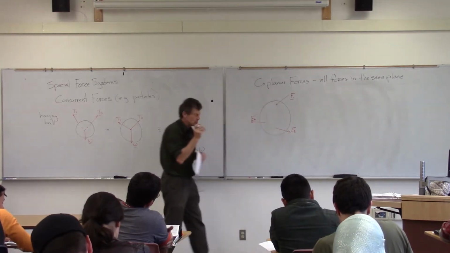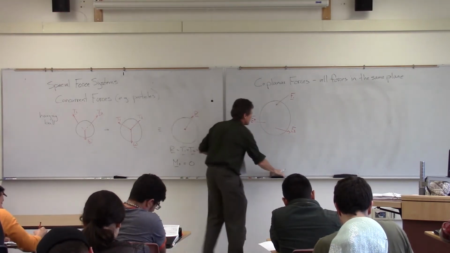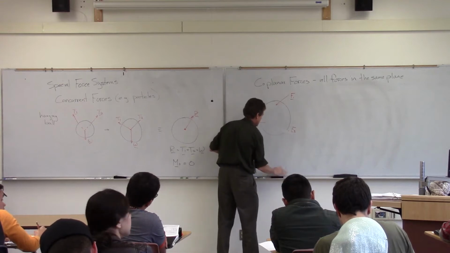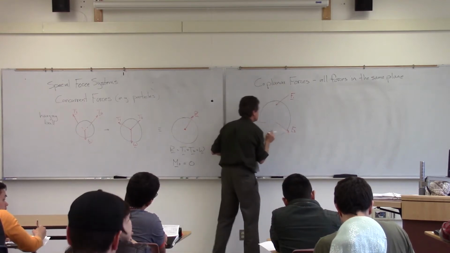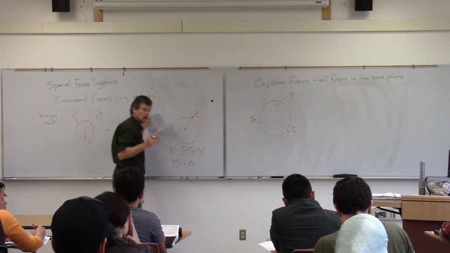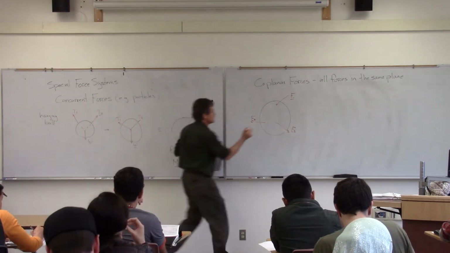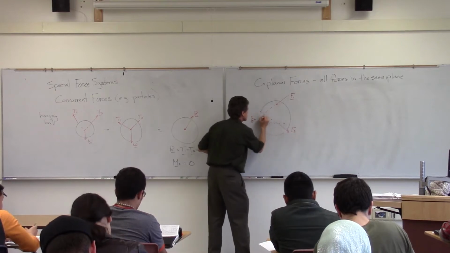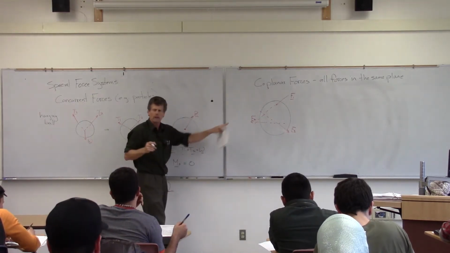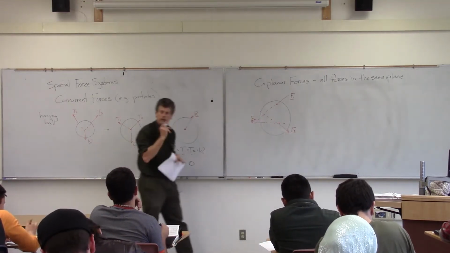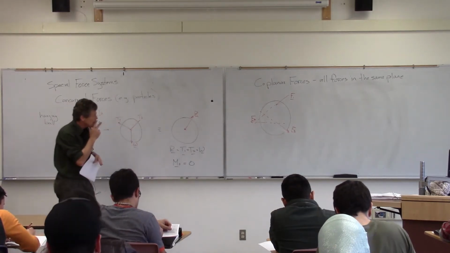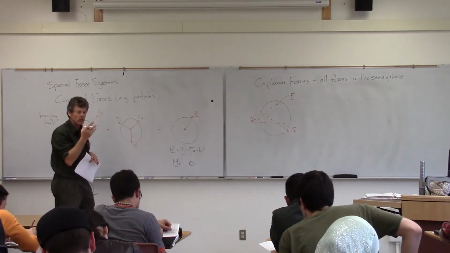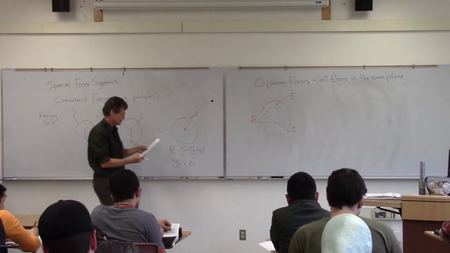But the key thing is they're not concurrent. When we look at their lines of action, the individual ones will intersect somewhere, but some of them don't intersect through the same point.